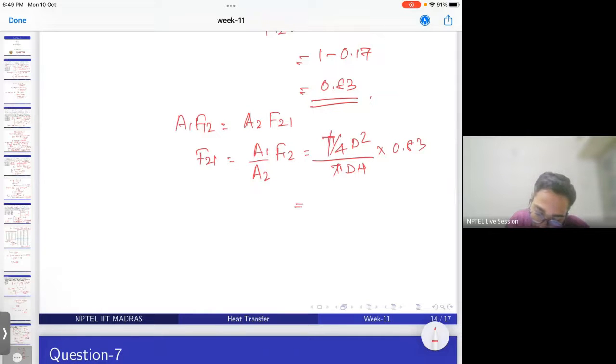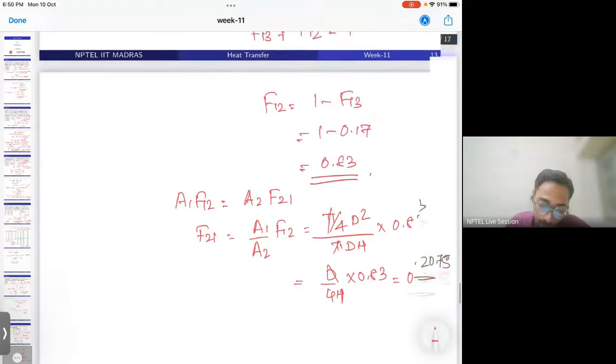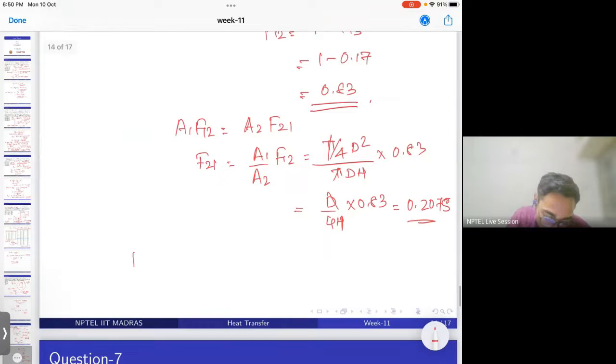Pi cancels, D by 4H into 0.83, and D and H are the same. So you will get 0.2075. Now substitute this into the equation: F22 is equal to 1 minus 2 times 0.2075. So the final answer will come out to be 0.585.